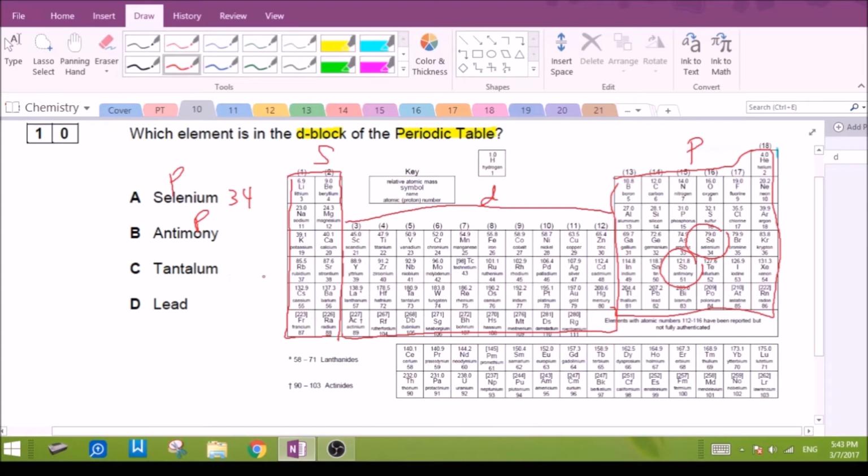Tantalum, over here. Right, tantalum is the element that we are looking for, the D block. And just to confirm, looking at lead, right, lead is over here. Lead belongs to the P block. So question 10, our answer is C.